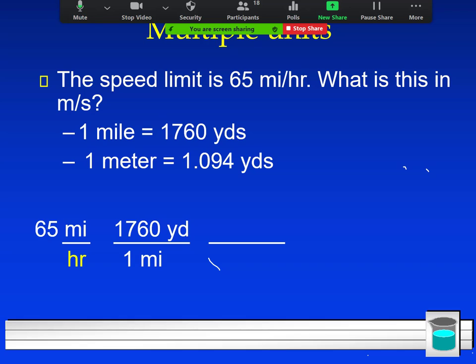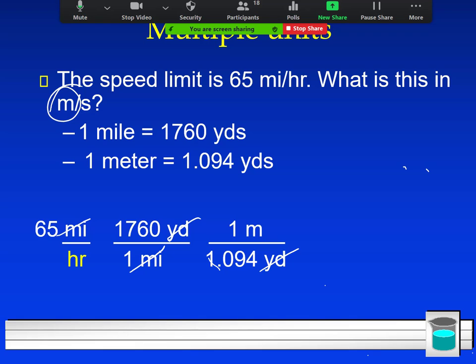Now I want to get rid of yards, and yards I can turn into meters. So if you look at the units, I turn miles into yards, yards into meters, and now I've got the top half fixed.